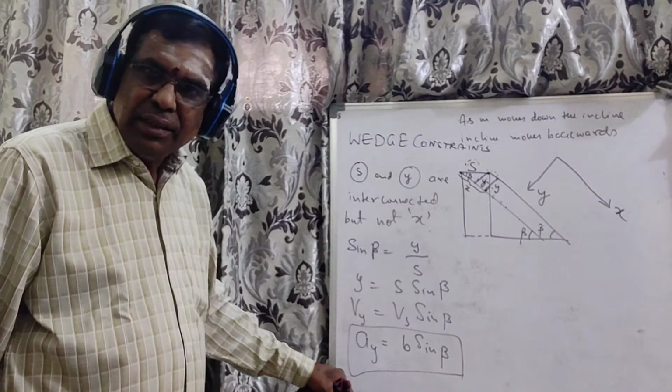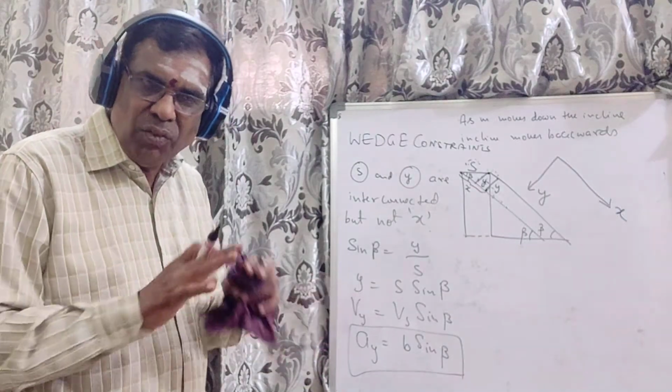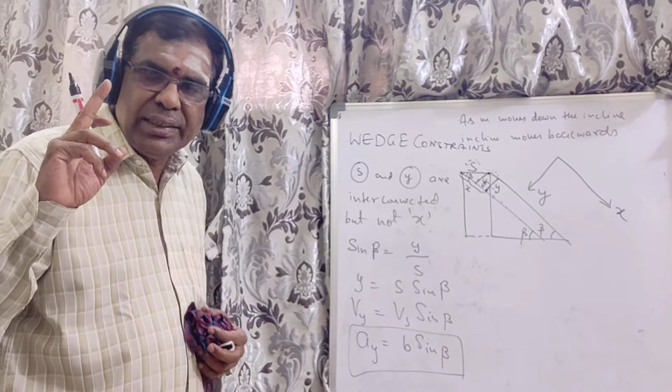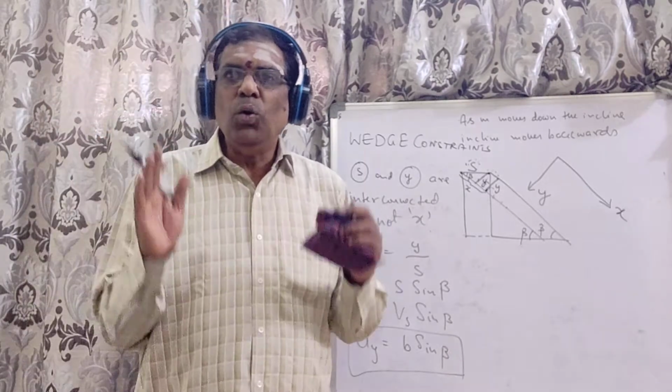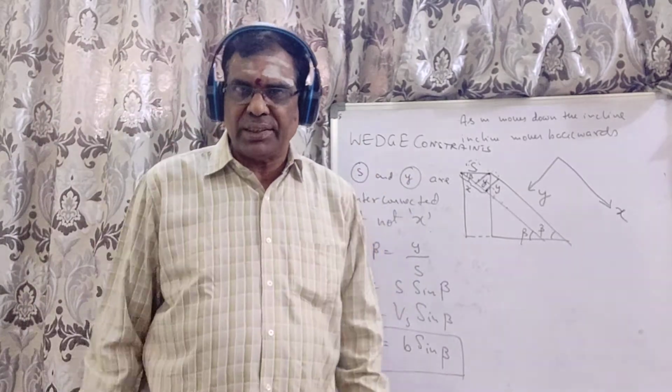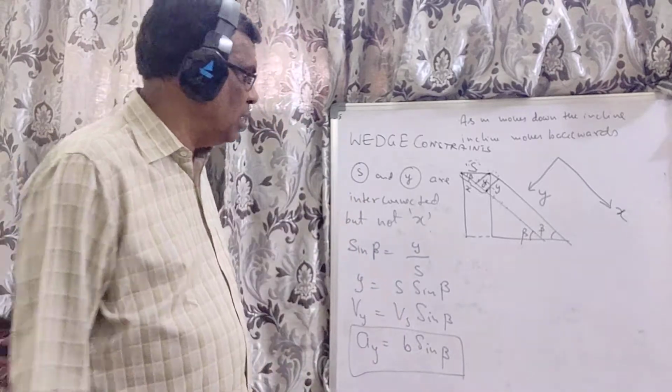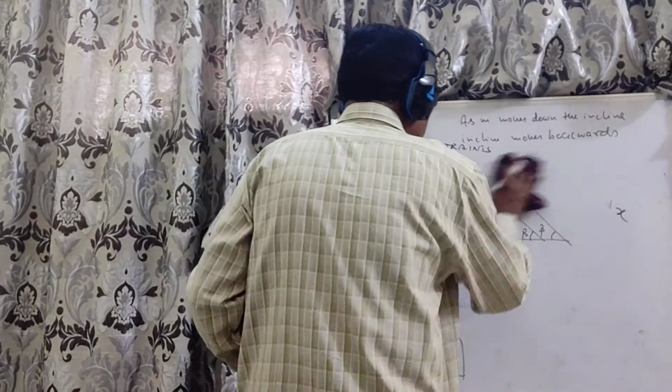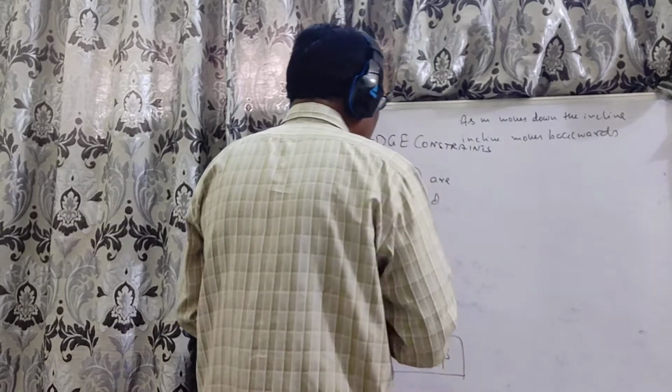You got this? In the case of wedges, constraints can be given only when x and y are fixed. Otherwise, not possible. Now what do I do here? Why did I get it there?